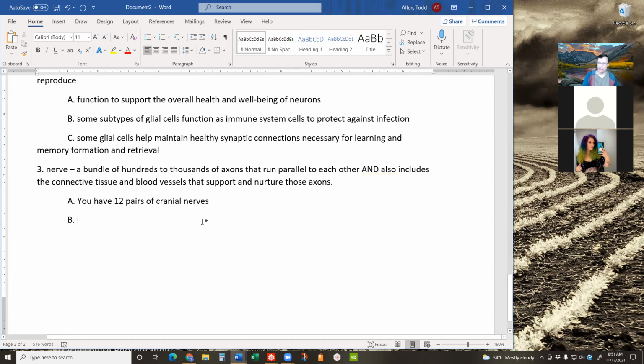We also have 31 pairs of spinal nerves that come off the spinal cord. You do not have to know those for your lab exam, okay? So, take comfort that we're not asking you to know everything. We're just asking you to know an unreasonable amount, right? All right. Any questions at this time, folks?